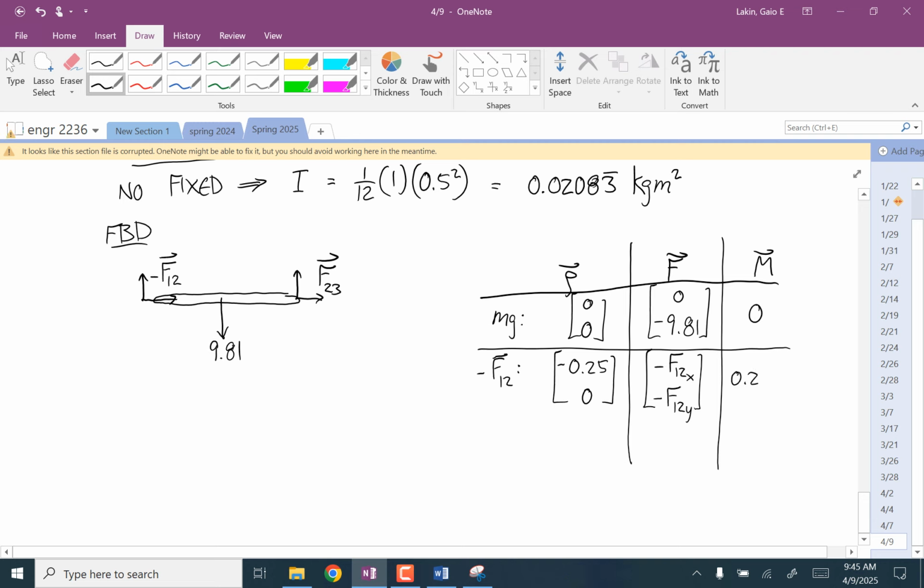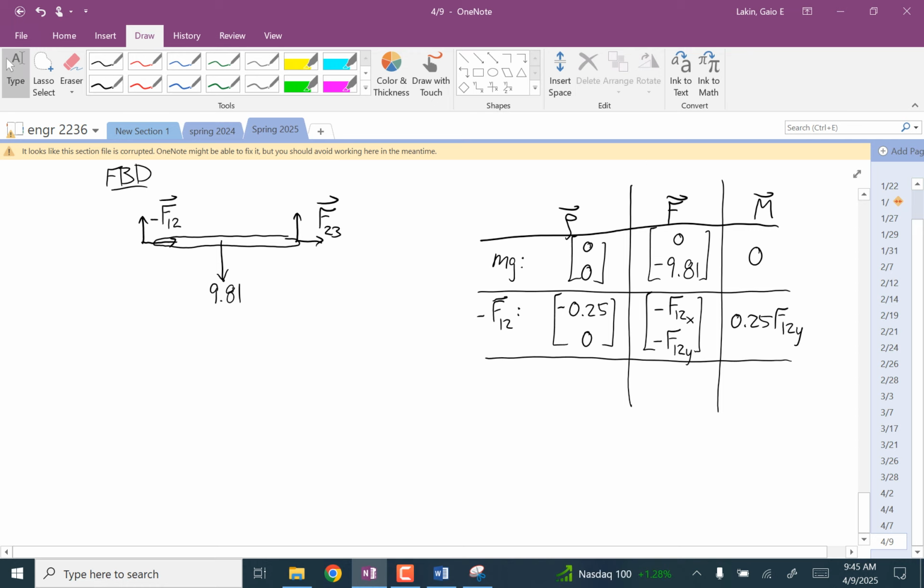Cross product is 0.25 F12y. F23, the rho vector is positive 0.250. Force is F23x, F23y. Cross product is 0.25 F23y.